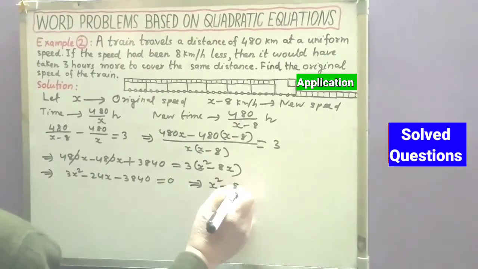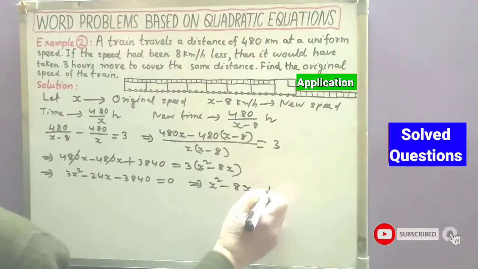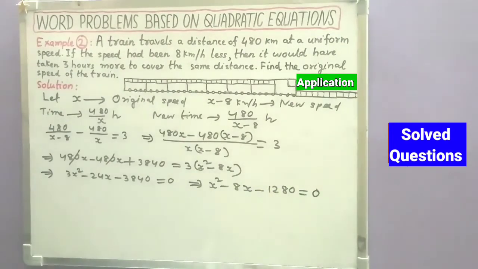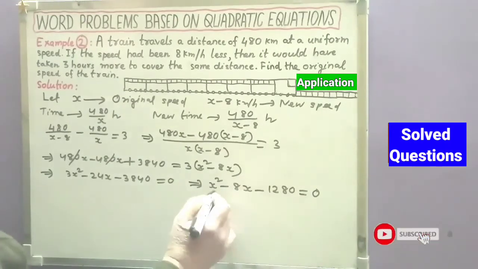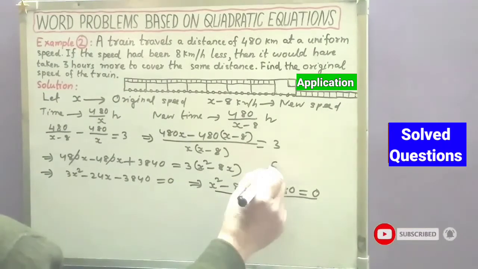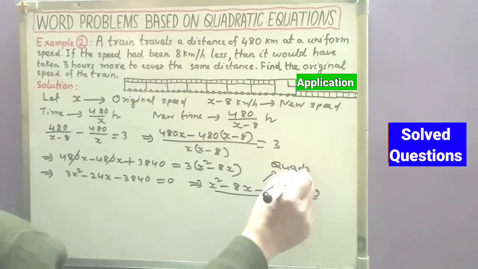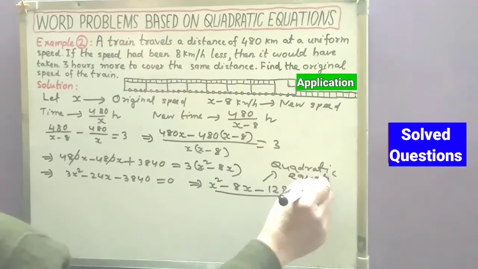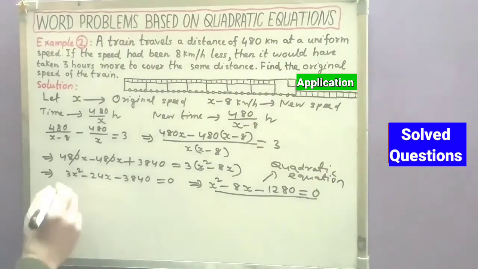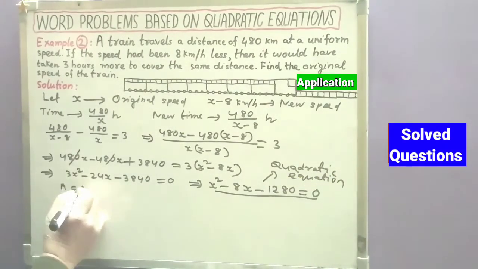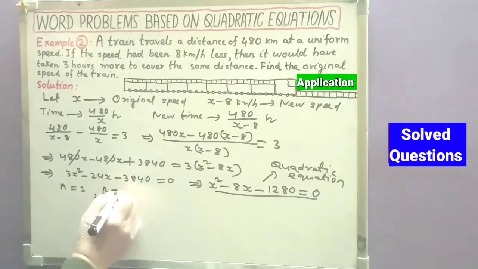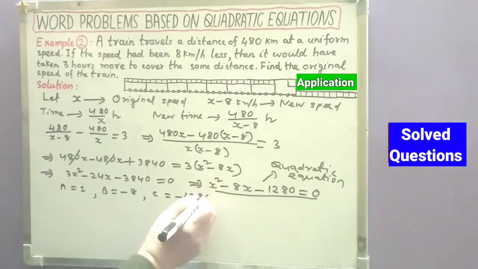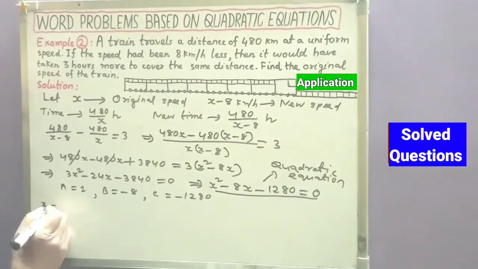That implies x square minus 8x minus 1280 equal to 0. This is the quadratic equation framed now. Comparing it with the standard form of the equation, we have a equal to 1, b equal to minus 8 and c equal to minus 1280.